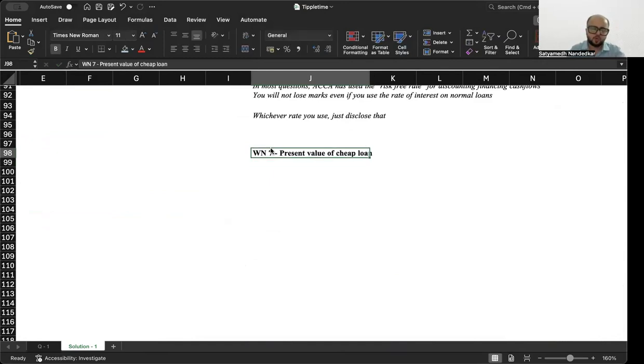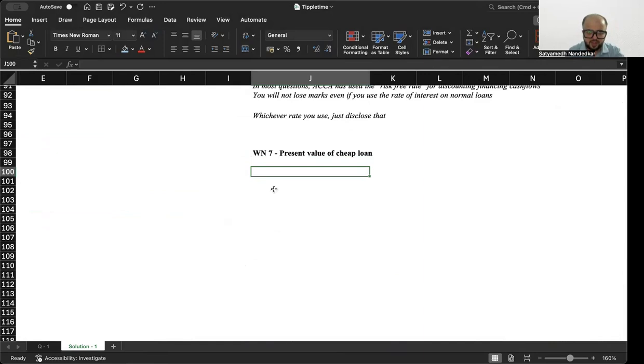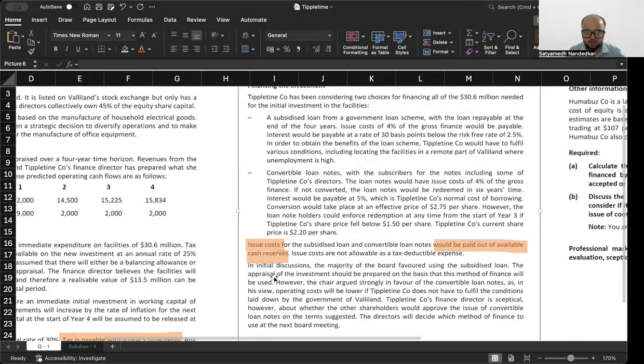Now, those of you who have studied with me, you know our 8-step approach. So we are just going to follow the 8-step approach. Interest using the regular rate. What is the regular rate? Here, the regular rate of interest for the company is 5%, which is the company's normal rate of borrowing.